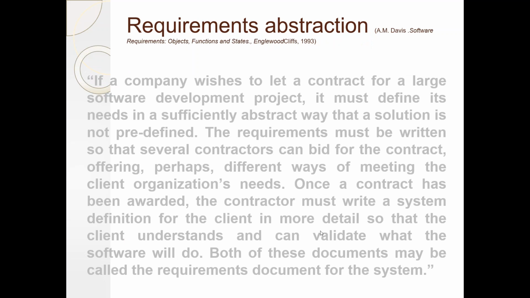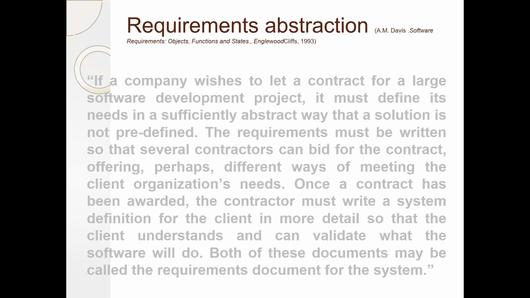Now here is a statement that gives an example of requirements abstraction. As I said, the one that I sent to you for your assignment is one such, but let's go through this. If a company wishes to let a contract for a large software development project, it must define its needs in a sufficiently abstract way that a solution is not predefined.